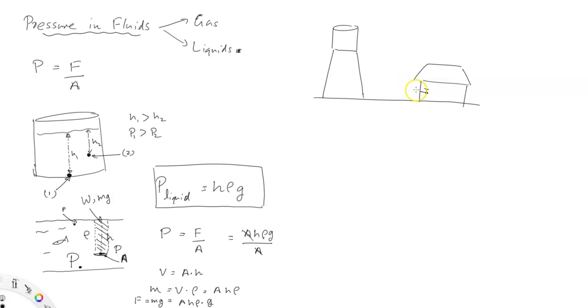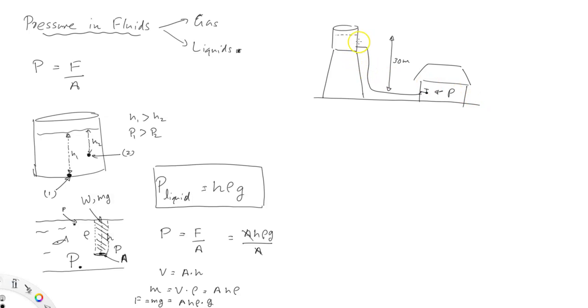Now there's a water line coming from this storage tank to the house, and the water level is 30 meters above the faucet. So if you measure from the faucet, this is 30 meters. The question is, what's the pressure at this point?